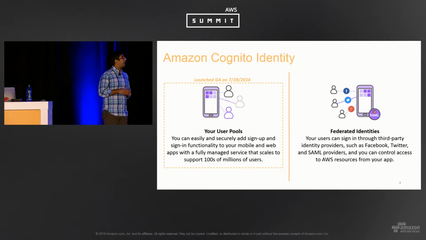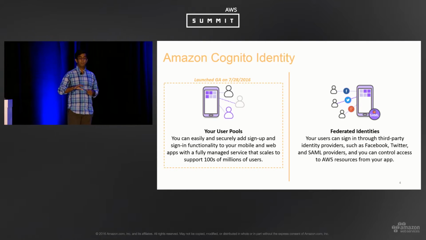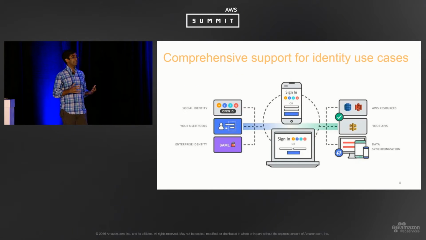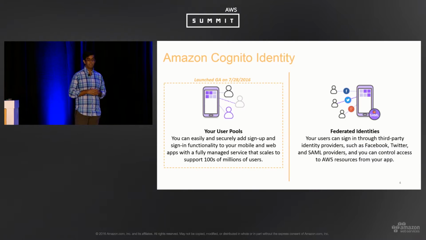It's good. So in terms of what we've launched, 2 weeks ago, we launched the Your User Pools feature, and that covers the registration piece of the equation and the sign-in piece of the equation. And those are your own identities that are specific to your application. Now, we also have this existing functionality, which was called federated identities for Cognito, and that enables those third-party identity use cases.